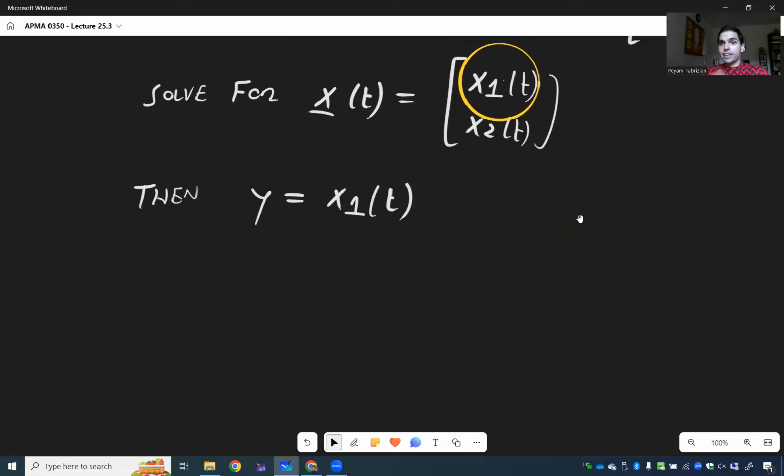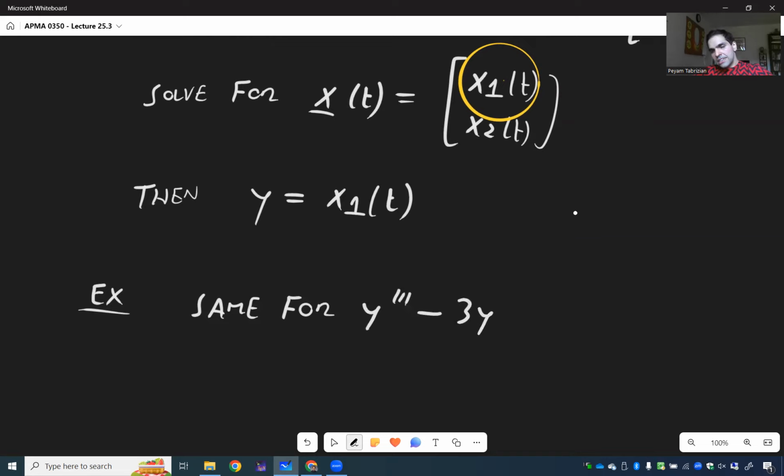Now, the cool thing is, surprise example, we can do the same thing not just for higher order equations, but also for inhomogeneous equations. So let's do the same, but for y triple prime minus 3y double prime plus 3y prime minus y equals t squared.